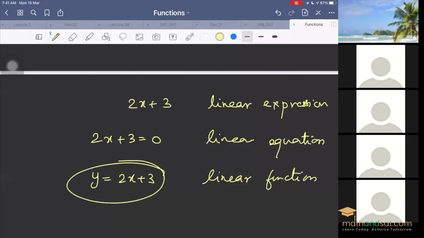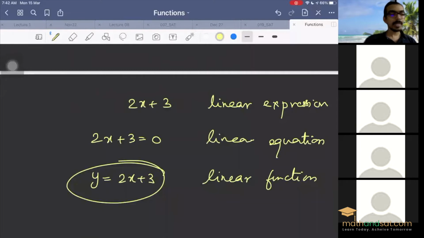We are mapping x values to y values, and the y values are related to x values in such a way that y is a linear function of x, which means y is going to be a linear expression in x, as an example 2x plus 3.